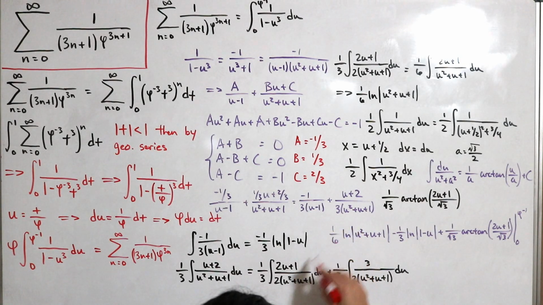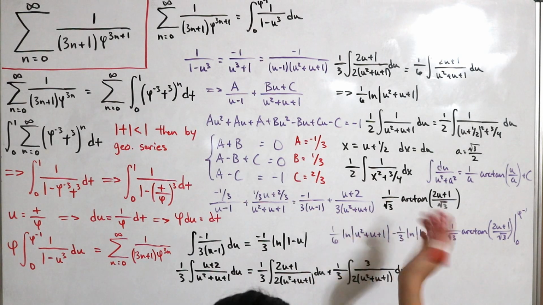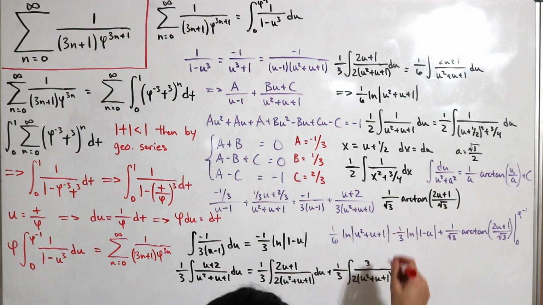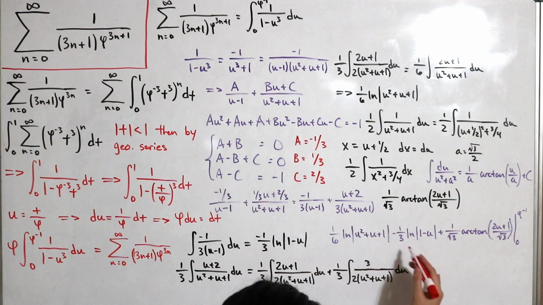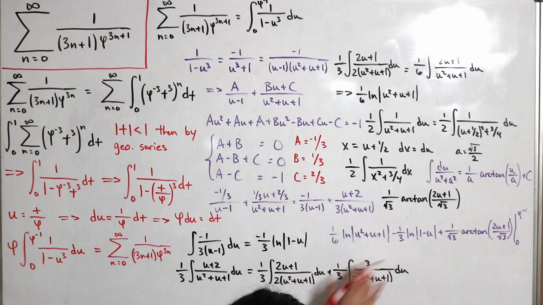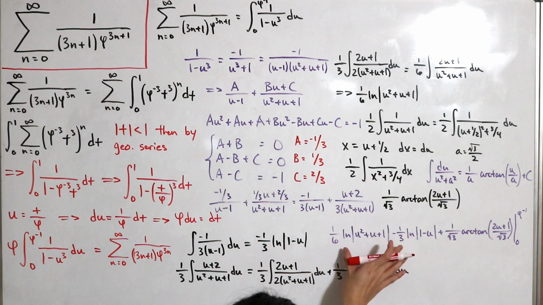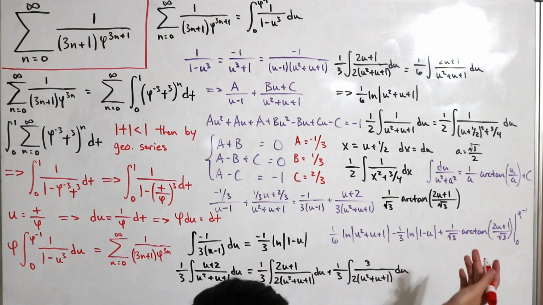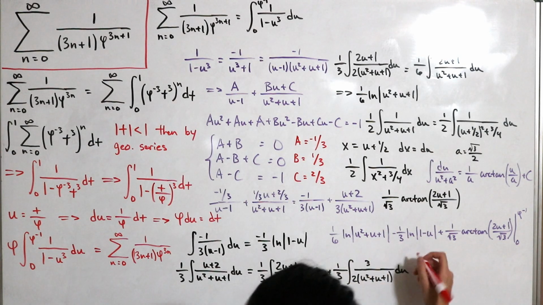Then it'd be 1 over 3 times 1/2. Move that 1/2 to the inside of the natural logs using that rule, so it'll be the square root of u squared plus u plus 1, and then using your rules of natural logs, this subtraction is a division of the same base. So in other words, I'll put it like this.